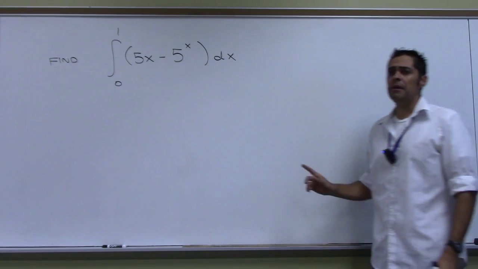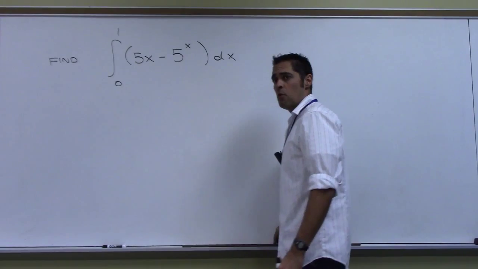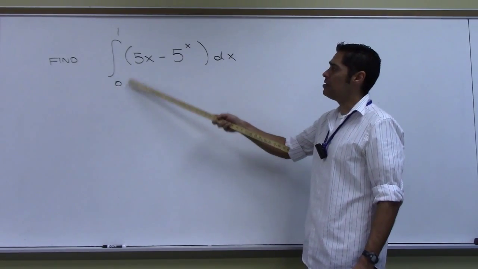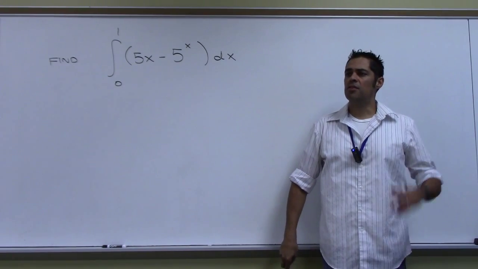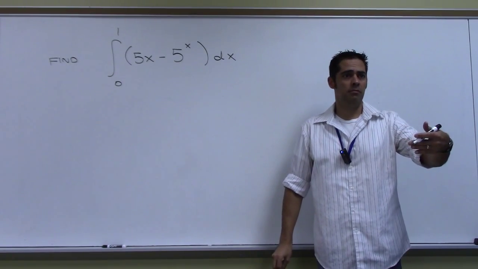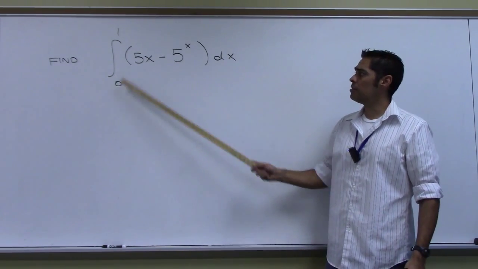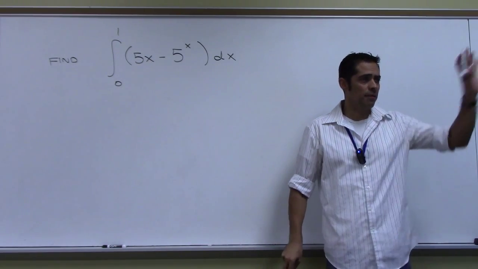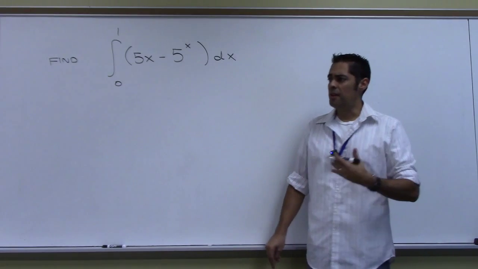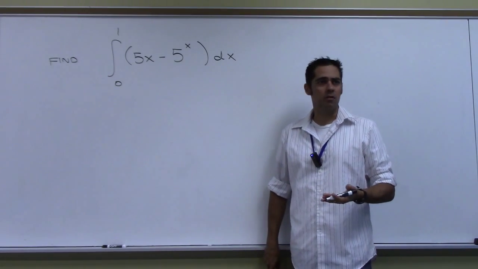Now, when we were doing integration before, we didn't have these numbers, right? And when you don't have those numbers, it's called an indefinite integral. When you have numbers, then it's called the definite integral. And I did refer to that last class. Do you understand why we would call it the definite integral?